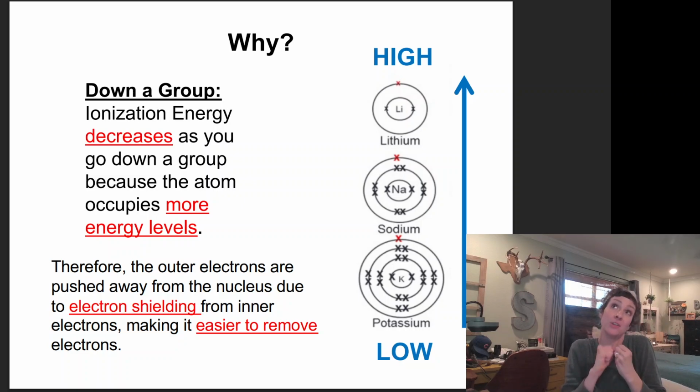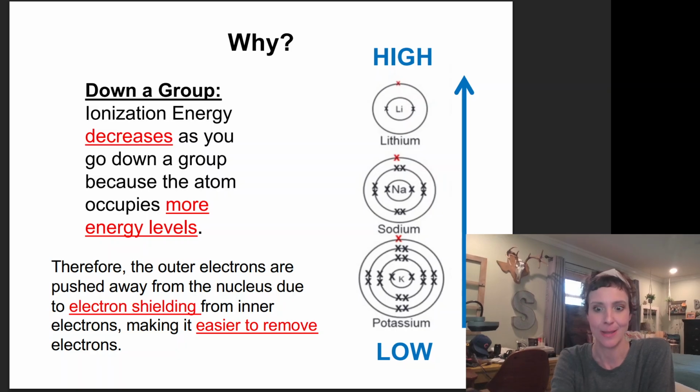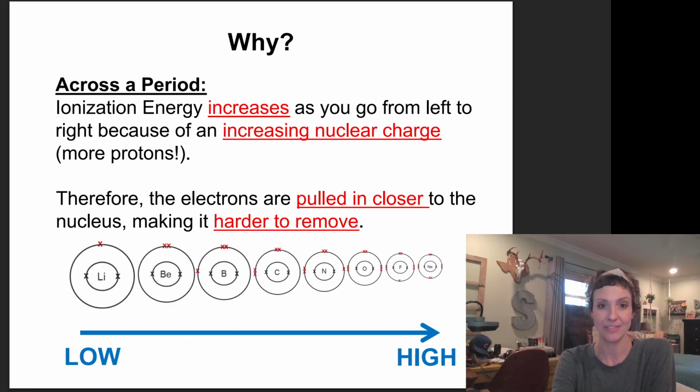It's like, I cannot pull on you. You may fly away. So I have really low ionization energies as I drop down here. But one thing I want you to notice is that the reason for going down a group, the more energy levels due to electron shielding, is kind of the same why as for the atomic radius trend. I'm hoping this gives me a little more confidence that maybe it won't be so terrible to remember all these whys.